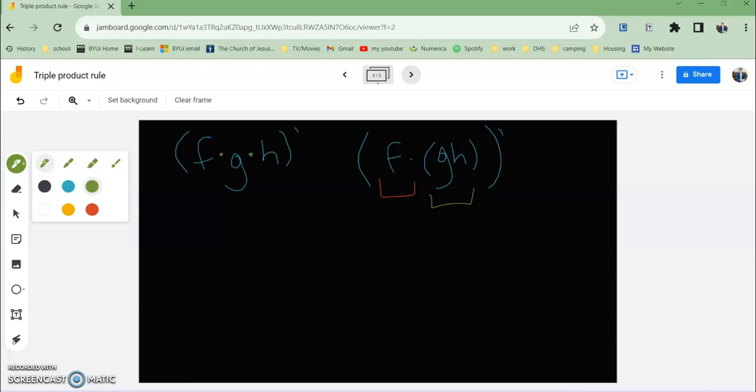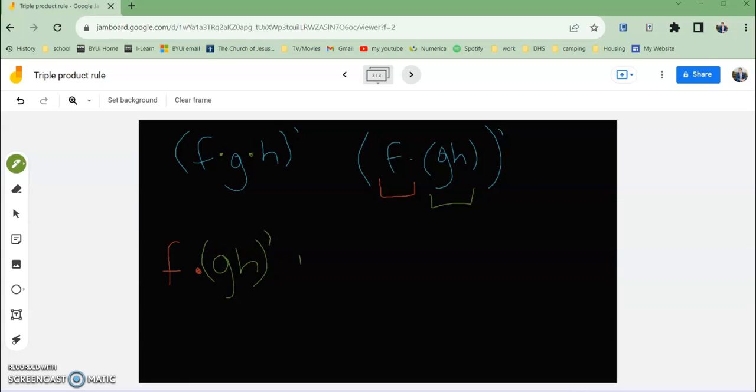Okay, so we know the product rule is going to be the first times the derivative of the second, so times, and then we have g times h, okay, the derivative of that.